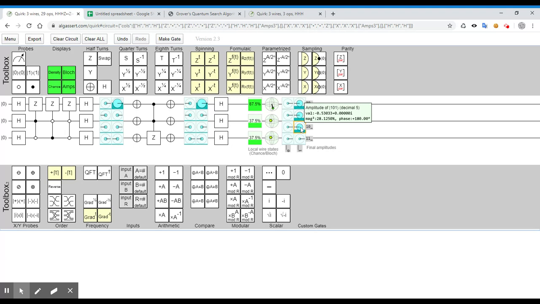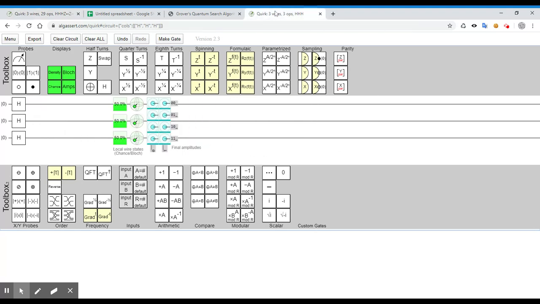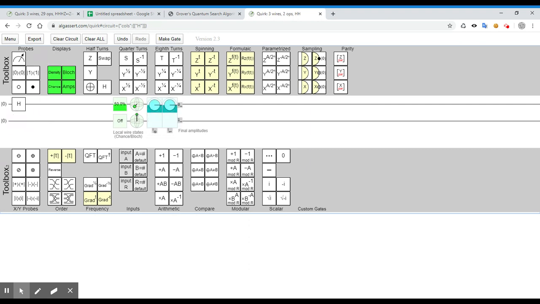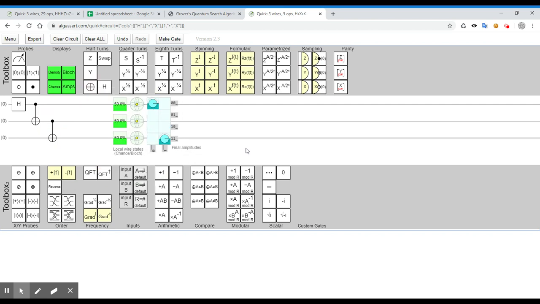I mean, I can make one example that's easier, that I kind of know more about, which would be these and these, right? So let's say this state, right? So we've got 0, 0, 0, and 1, 1, 1.